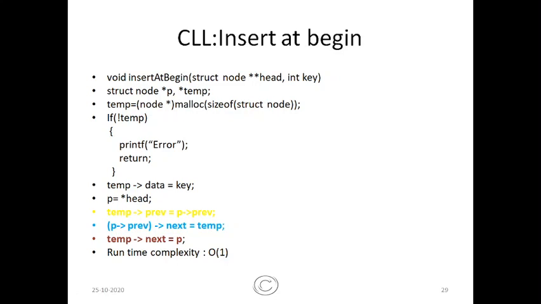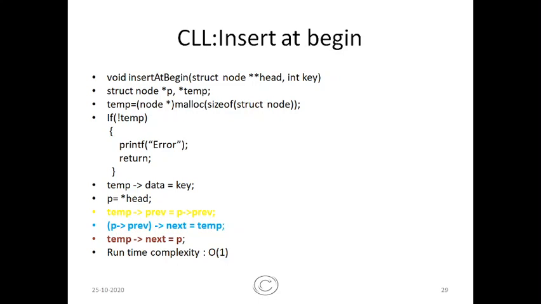Here the runtime complexity will be order of 1. In the case of a single linked list, we have to travel to the last node, and then the last node's next link will be broken and assigned to the temp node. But here we can simply reach the last node from the first node by using P previous. The aqua blue line you can see, P previous next is equal to temp, breaks the link of the last node's next address and points it to the temp address.